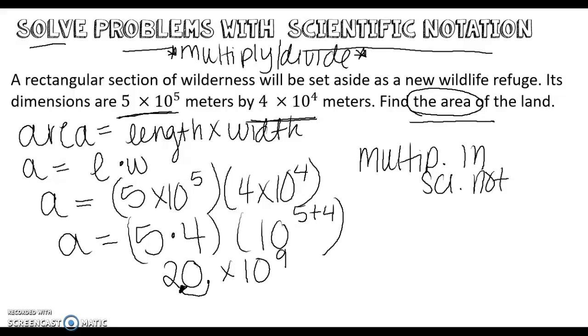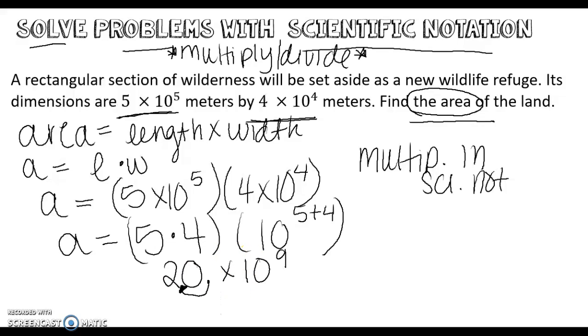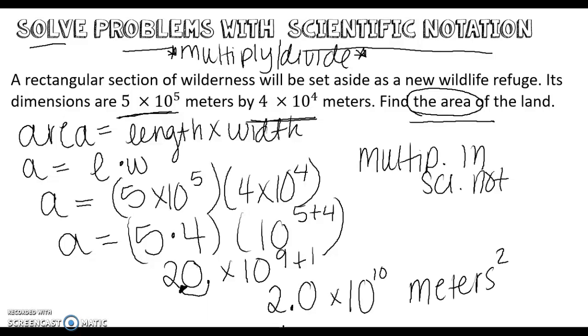And when I move this decimal, I'm going to move it one place to the left, which means I'm increasing that 9 to a 10. So this would become 2.0 times 10 to the 10th power, and this would be meters squared.